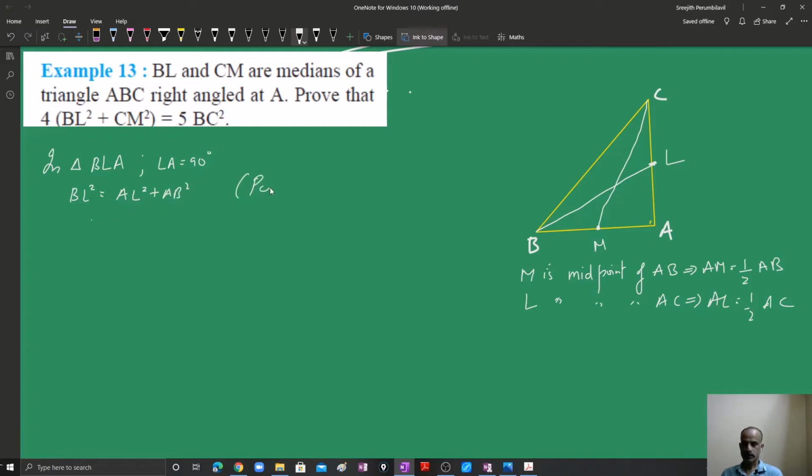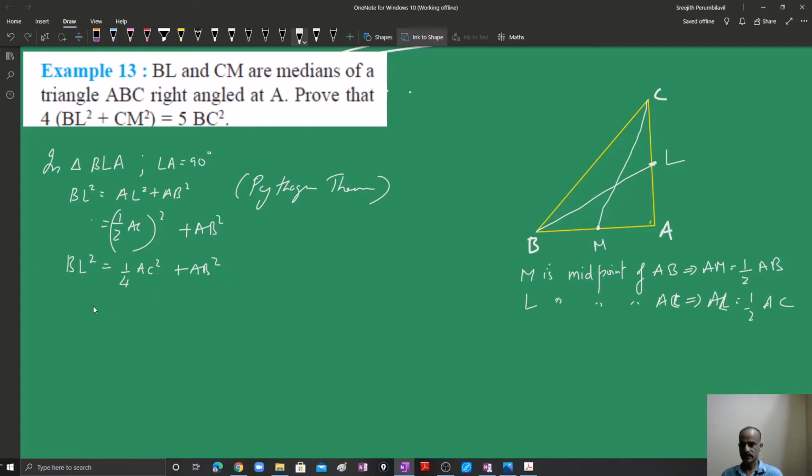But what is AL? AL is equal to half AC. This is half AC whole square plus AB square. This is 1 by 4 AC square plus AB square, BL square.